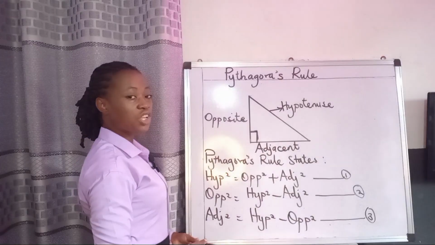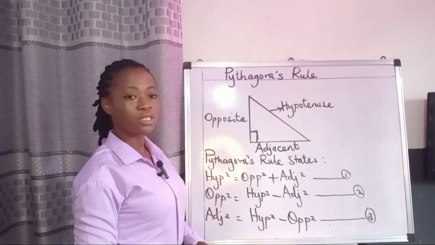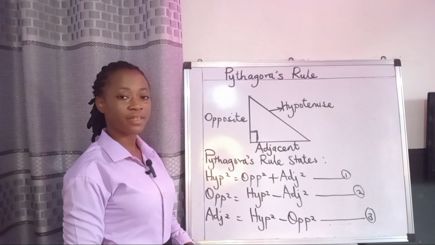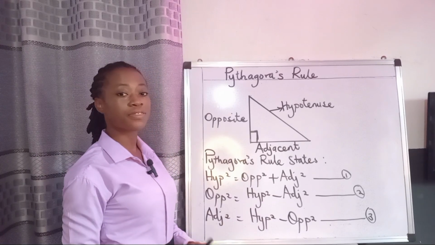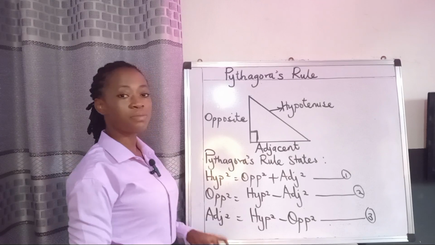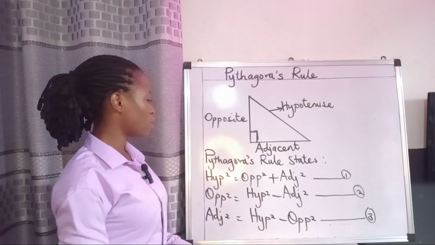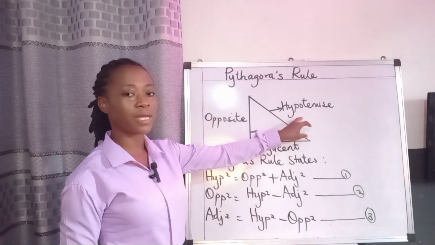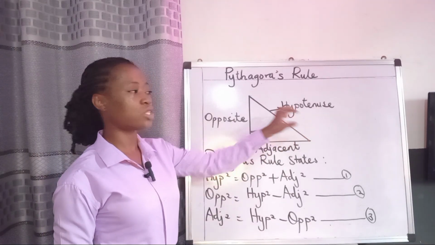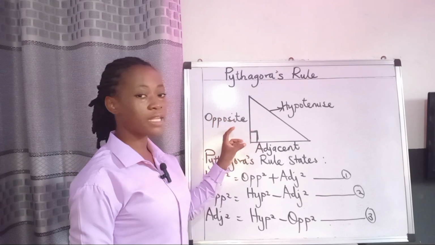When you are looking for any of the sides of a right-angled triangle, you use a rule known as Pythagoras rule. We can also call it Pythagoras theorem. Pythagoras rule states that the square of the hypotenuse is equivalent to the sum of the squares of the remaining two sides of the right-angled triangle.